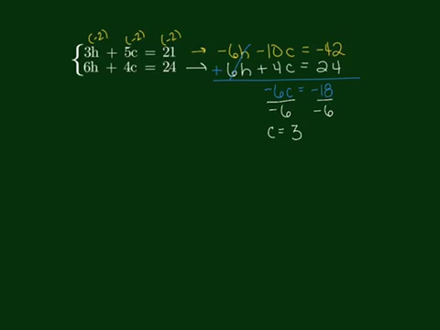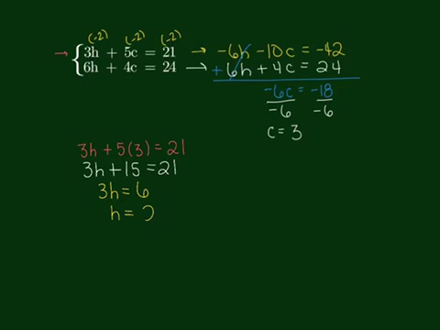So now we're going to go back and figure out h, so we can again plug it into either equation. I'll just use the first one here. So we're going to have 3h plus 5 times c, which we just found to be 3, is equal to 21. So 3h plus 15 is equal to 21. We'll go ahead and move that 15 over. 3h is equal to 6, which means h is equal to 2.